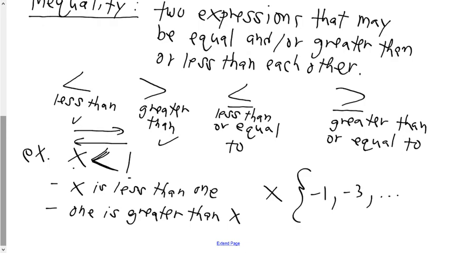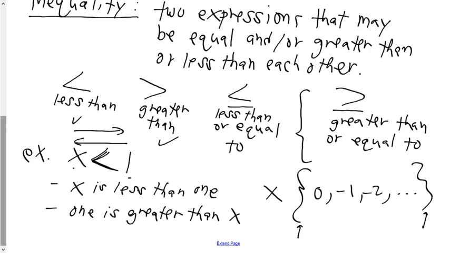If I wanted to be very accurate, I would say x is less than 1, so 0, negative 1, negative 2, and then I could use this ellipsis to say that it will go forever. These brackets you make by going down, a little dip like that. That is a set of numbers that would be relevant for x.